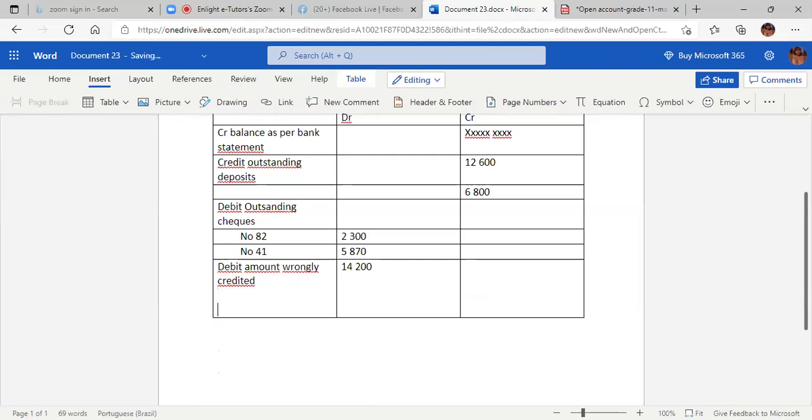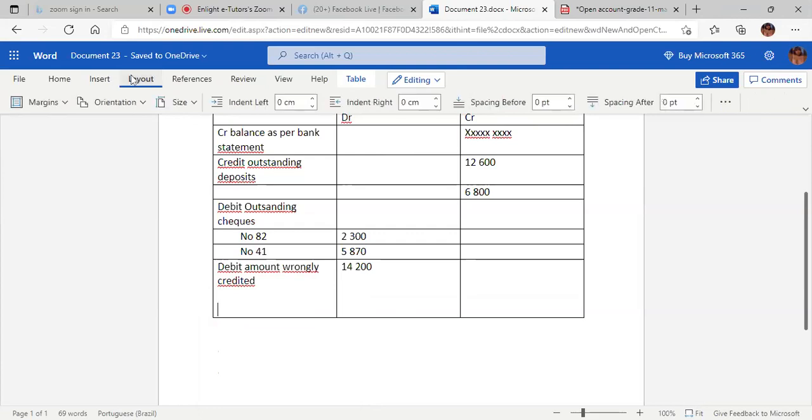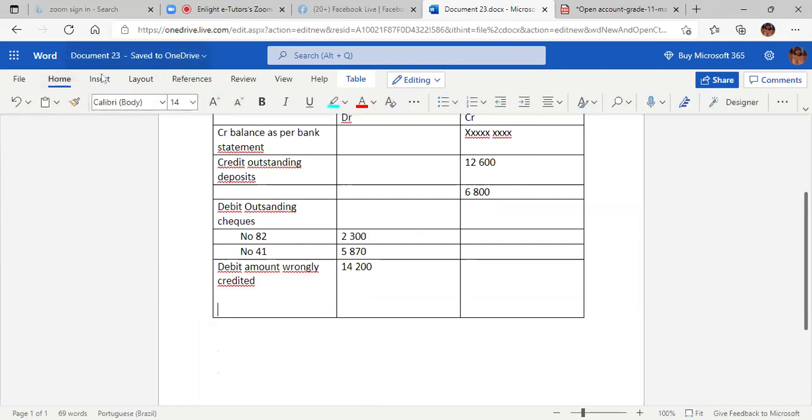The last column where the bank reconciliation statement is the balance as per bank account. How much did we find as our balance per bank account? I see 91,735.